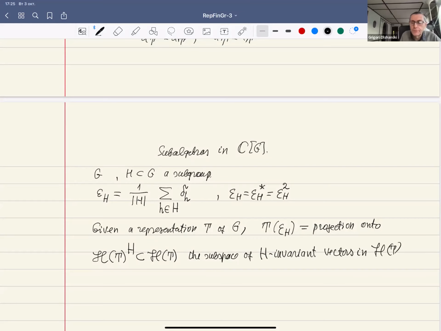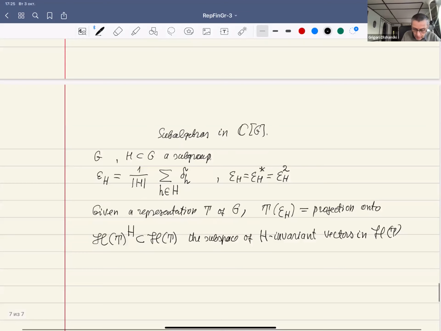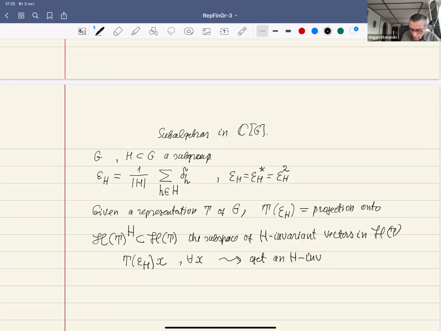Just verify this: when we apply this operator to any vector X, we get an H-invariant vector, and vice versa.